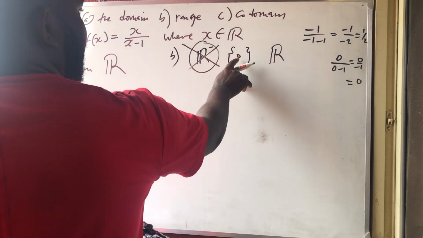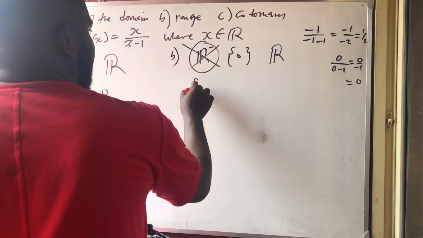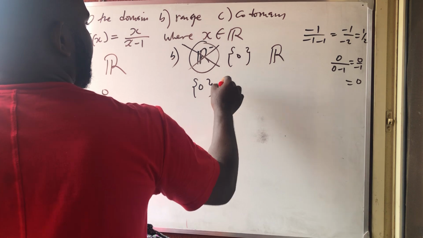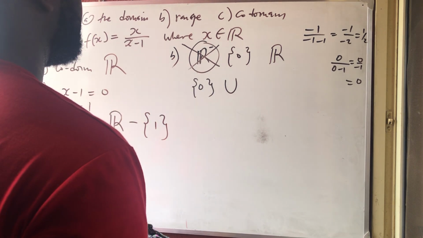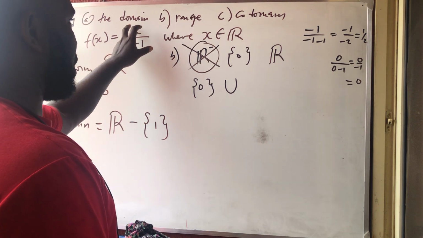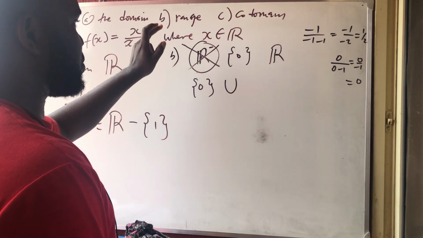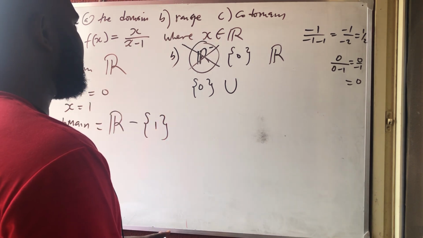So is there any way we can get 0 here? Yes, we can get 0 if we put 0. So 0 is part of my answer. Union. Is there anything that can give us positive here? Yes, we can get positive here. But is there any way we can get 1? Is there anything that we can put here so that the same thing cancels out to get 1? It's not possible. But can we get other positive?